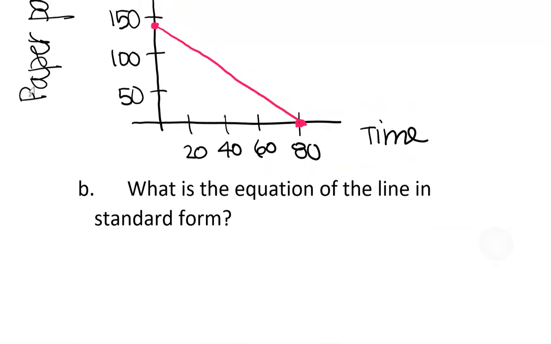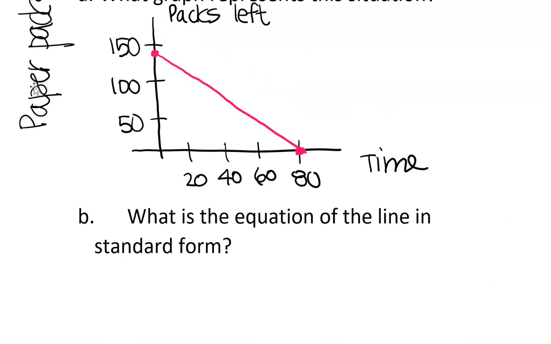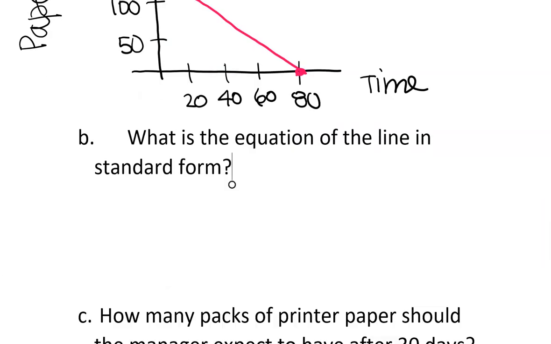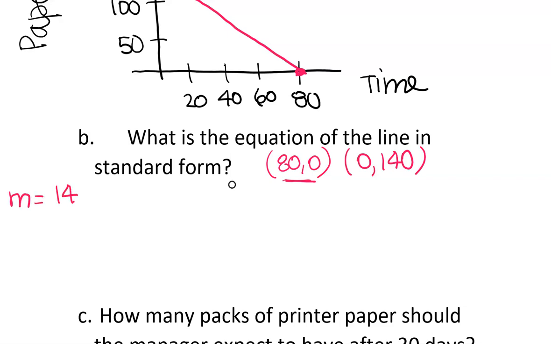What's the equation of the line in standard form? So we basically have two ordered pairs here. So we have 80, 0, and we have 0, 140. So I'm going to pick a point, and I'm going to find the slope as well. So the slope is y2, which is 140, minus 0, over x2, which is 0, minus 80.